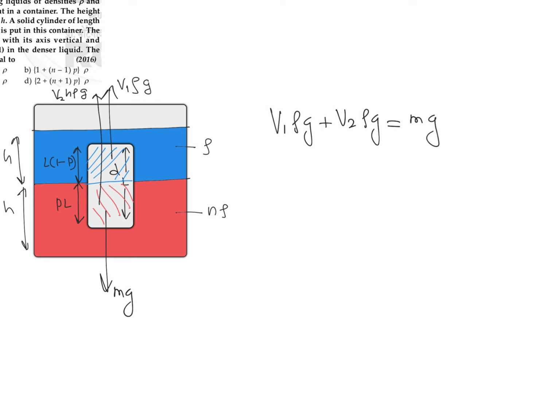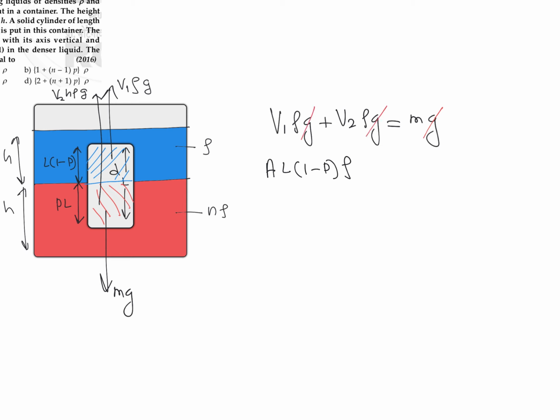Now we can write the value of V1 as area of the cylinder into length in the first liquid, which is L into 1 minus P, times the density of the liquid rho, and we can cancel the acceleration due to gravity g.